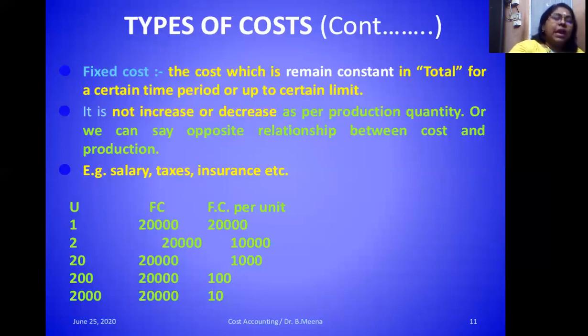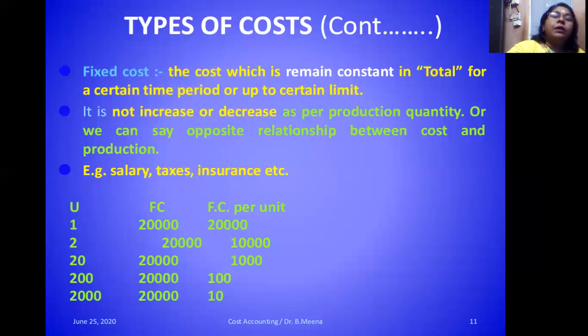But what do you mean by AFC? Fixed cost per unit. AFC will vary as per the volume of output. If your production is more, the AFC will be less. If the production is less, the AFC will be more. You can apply this concept when I'm explaining these three columns.